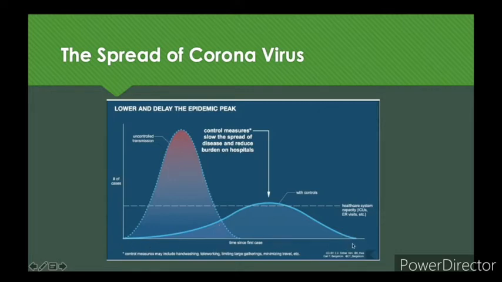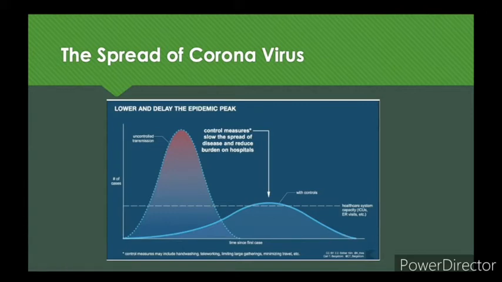The horizontal axis shows the time of the spread of the coronavirus, while the vertical axis shows the number of cases. In order for the healthcare system to take care of all the patients, we need to make this curve lower than this. It means we have to make the spread of the coronavirus longer.